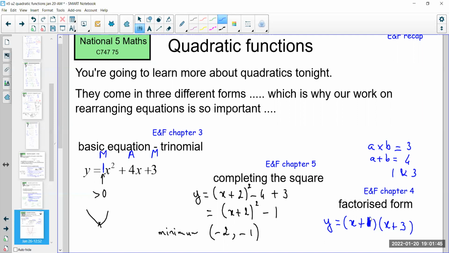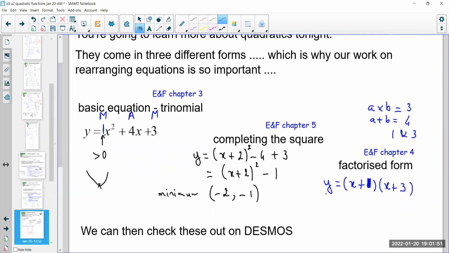So in the factorized form, what we call the x-intercept is when y equals 0. So when do you think y is going to be equal to 0? It's what we call the roots, when this is equal to 0.